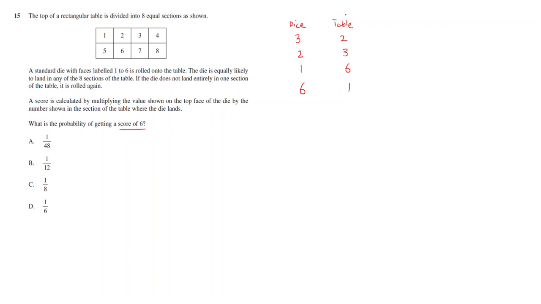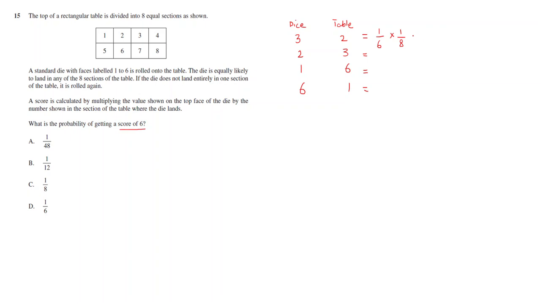Now comes the question of what the probability is, right? So let's work it out for each of them. For the die to show 3, the probability is 1 over 6. Total outcomes are 6, and there is one outcome of having a 3. And for the table, the total outcomes are 8, and having a 2 out of 8 is 1 over 8.